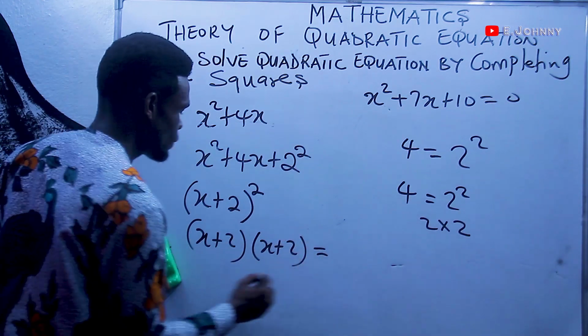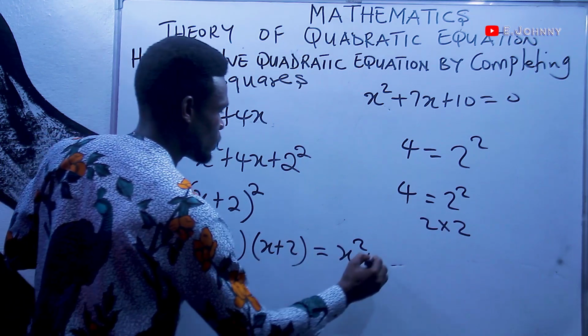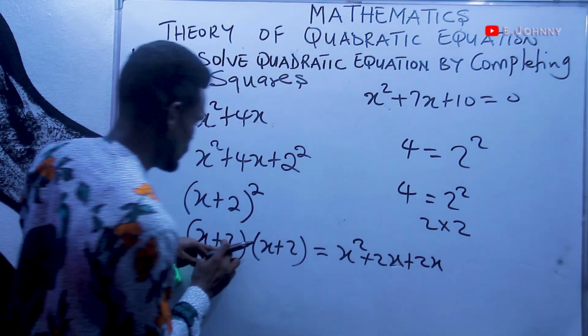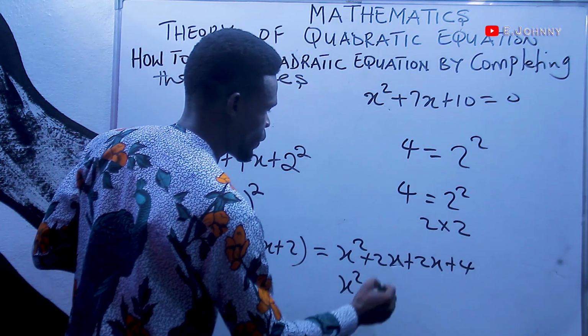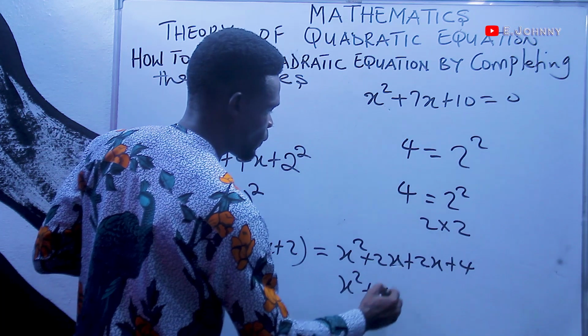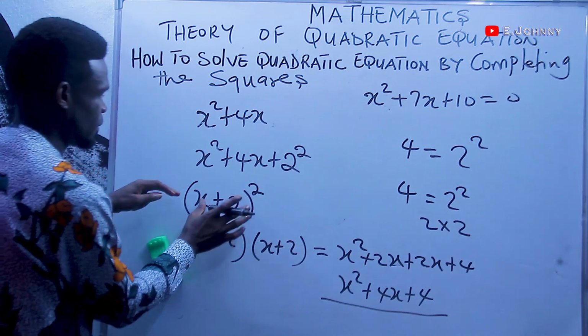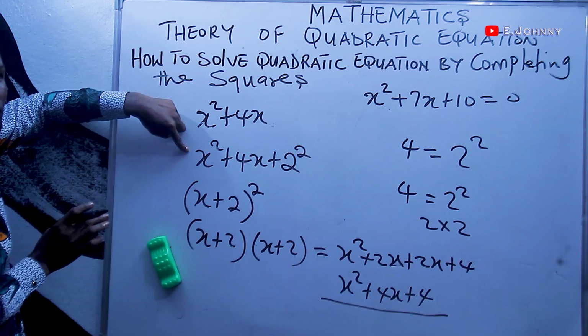So this is equal to x times x, x squared. x times 2, 2x. 2 times x, 2x. 2 times 2, 4. So this is x squared plus 2x plus 2x, 4x, plus 4. So expanding this gives us back the whole of this.